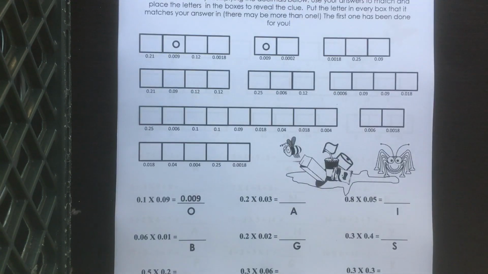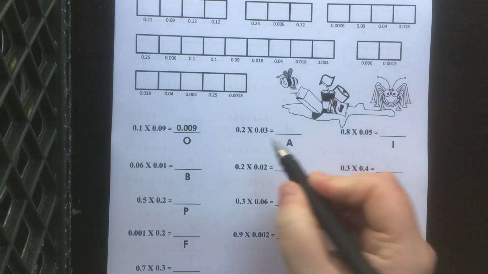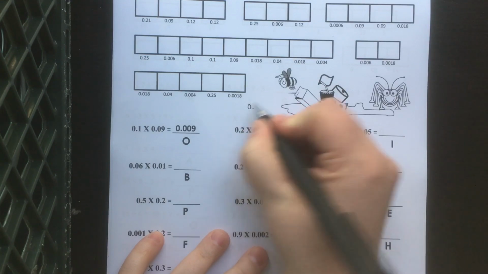So first things first, we are going to multiply some decimals. I gotta grab a pen. So we're going to multiply some decimals today. Remember, when you multiply decimals, we multiply the numbers and then check out their decimals.